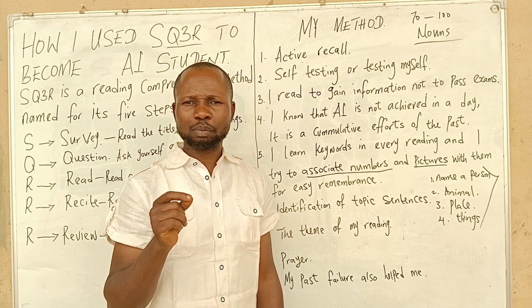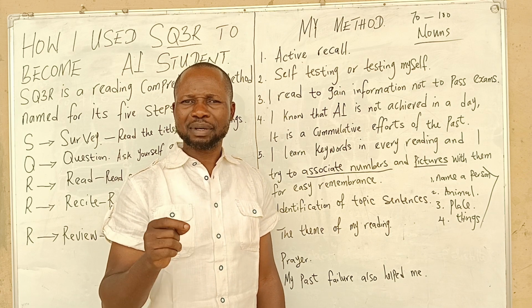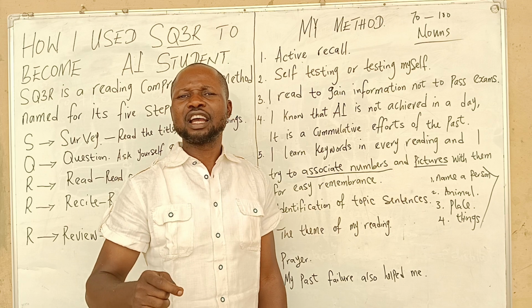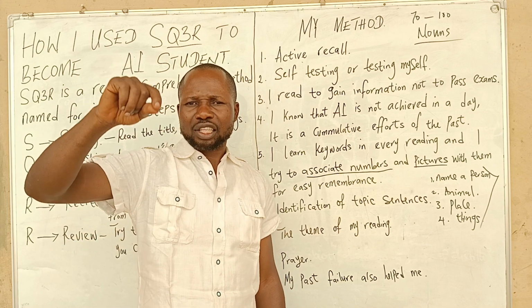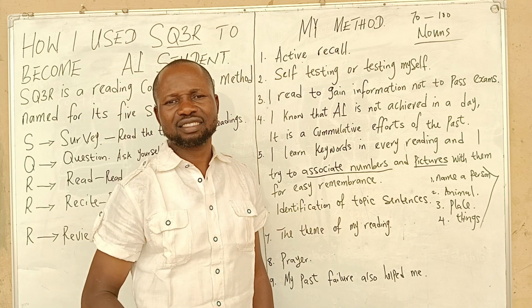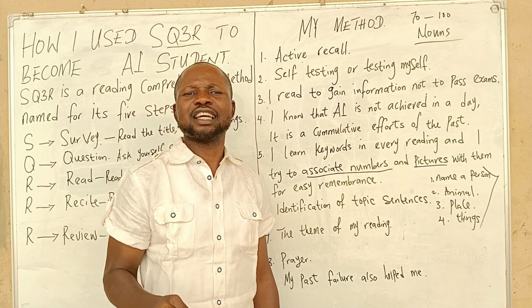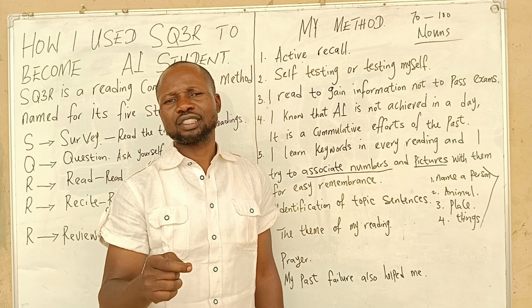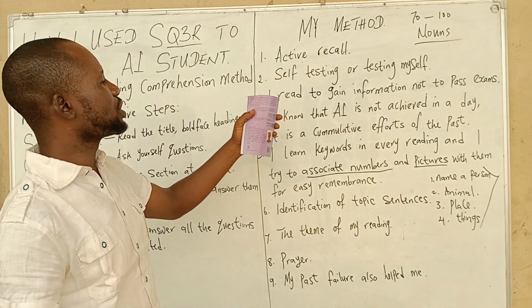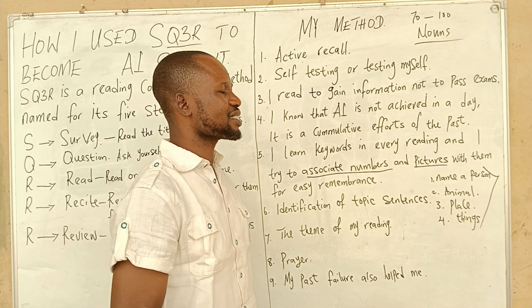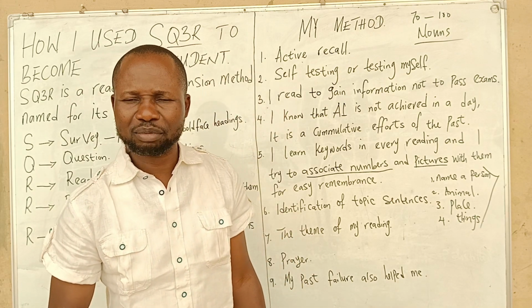So once I am done, I've tested myself. And if I have tested myself, I will also go back to that textbook to confirm my answers if they are correct.